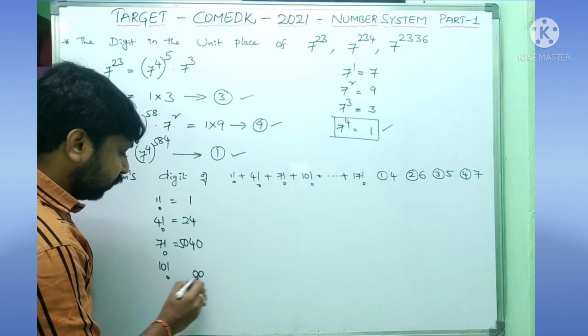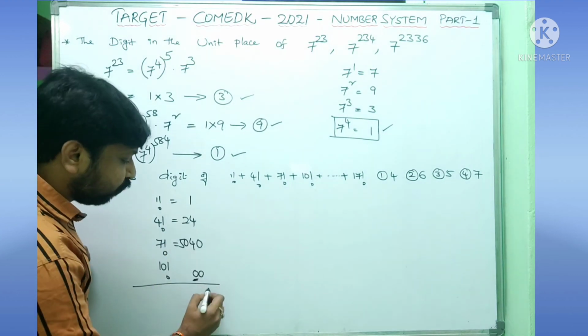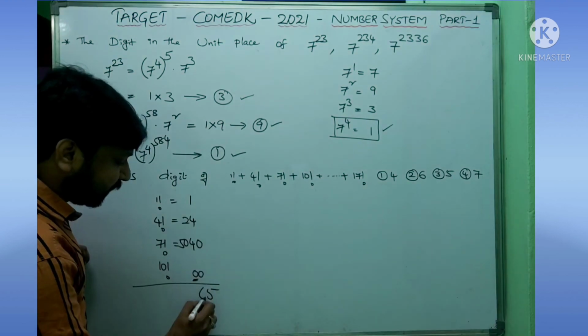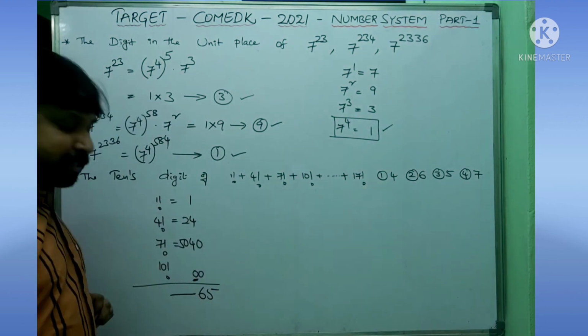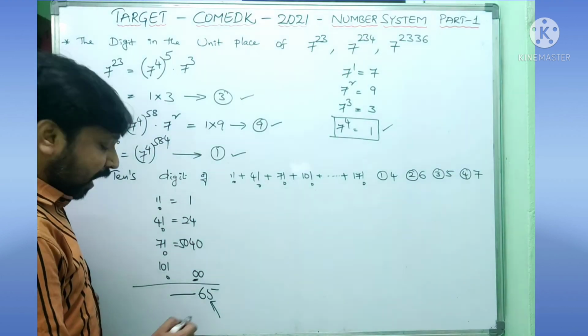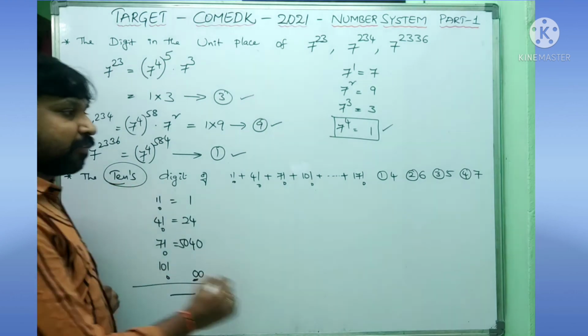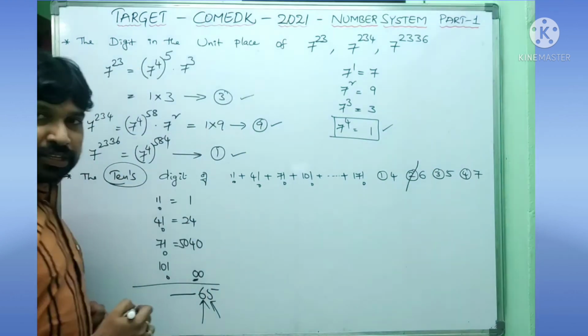So you need to stop the calculation here, and hence if you add 4 plus 1, 5, 4 plus 2, 6, something will be there here, friends. So if you observe, units place is 5 and tens place is 6. Your question is asking tens place, friends. So 6 is your answer, friends.